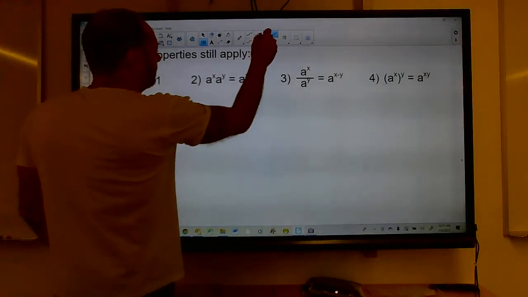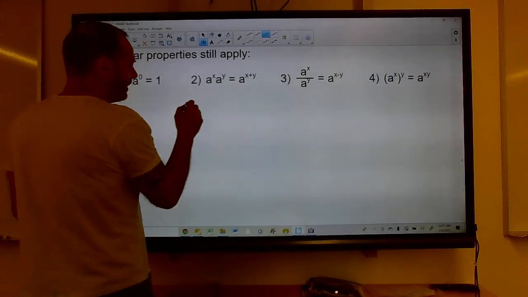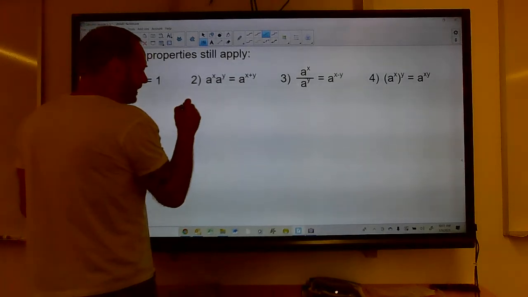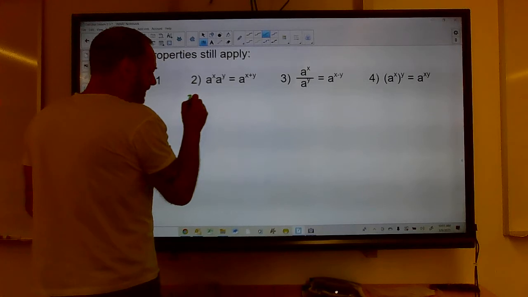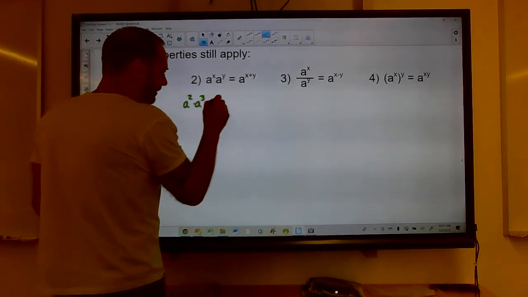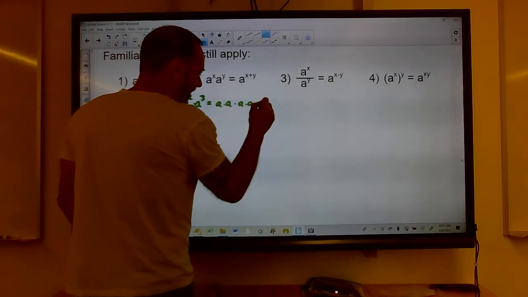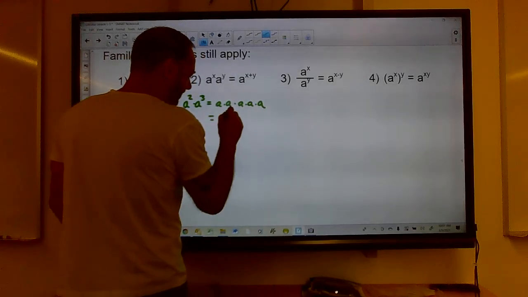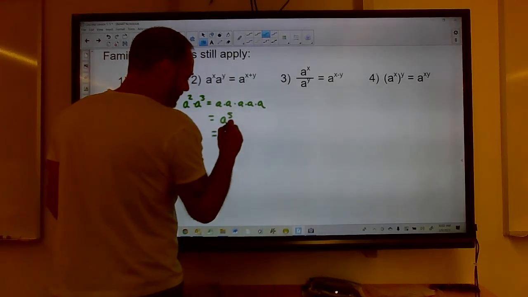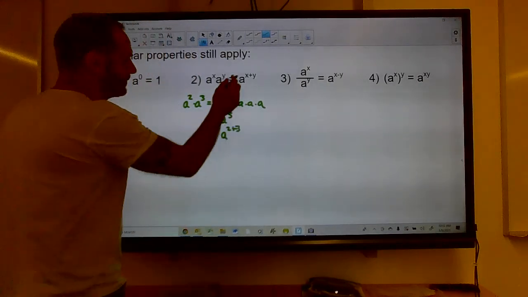And a to the x to the y power is just a to the x times y power. I can run through these again real quick. If I had a to the second times a to the third, that would be a times a times a times a times a, which would be a to the fifth, which is a to the 2 plus 3 power.